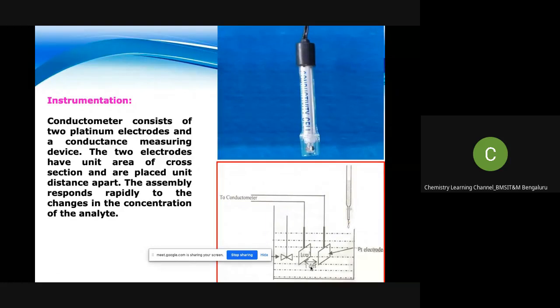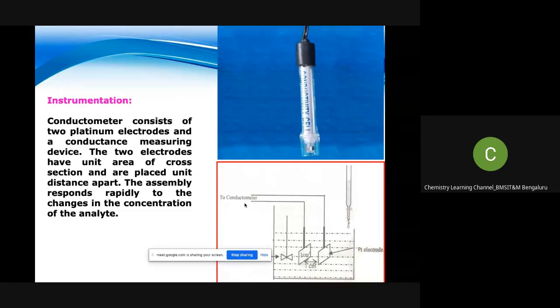Connect it to the conductivity cell, and for 0 cc of NaOH added, meaning I have not added anything, directly measure the conductivity of this HCl solution. Note down the conductivity value. Now add 0.5 cc of NaOH into this HCl, stir it properly, and note down the constant reading that is displayed. So 0.5 cc I added.